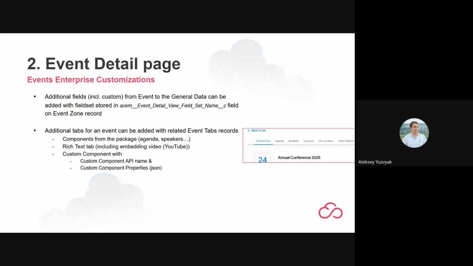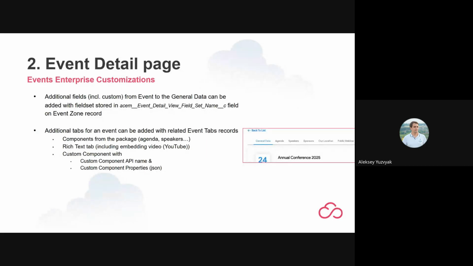Custom fields can be collected into a custom field set and defined on the event zone record. Additional tabs, which are visible here, can also be added to any event detail page. We have three options right now, like components from this package: agenda, speakers, sponsors, attendees.